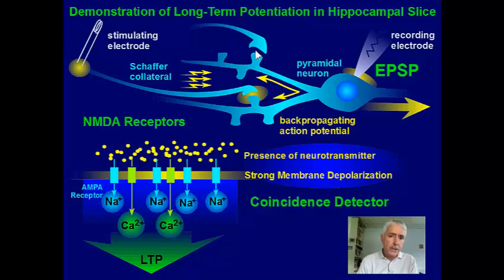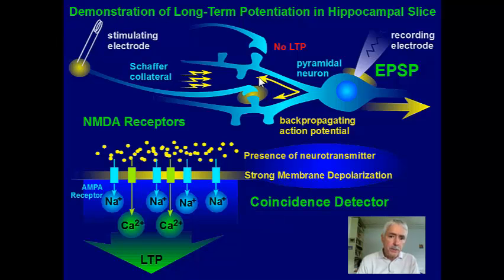Here's another synapse up here being innervated by another Schaffer collateral. In this neuron, you're going to find no LTP if you could measure it. The reason here is that the two criteria haven't been met.